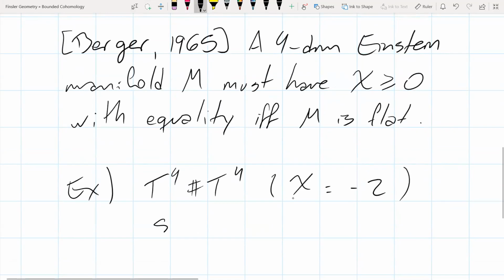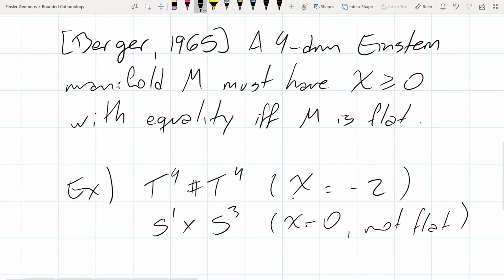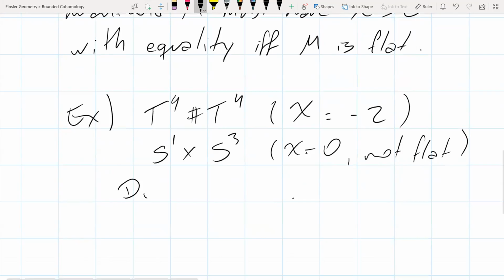And you have S1 Cartesian with S3, which has 0 Euler characteristic, but it's not flat. So it can't be endowed with an Einstein metric. So they do not admit Einstein metrics.